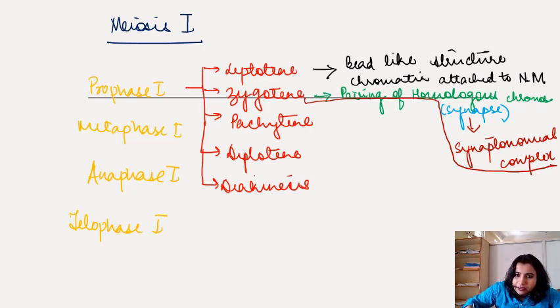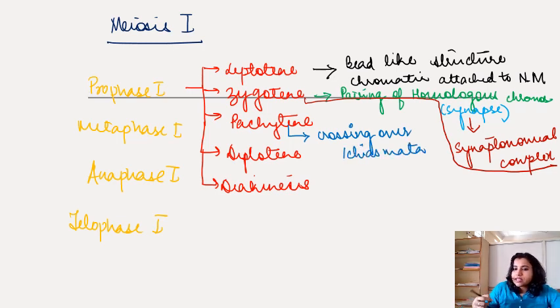Now what about pachytene? In pachytene, crossing over takes place. Or we can also say the chiasmata formation takes place in pachytene. And this crossing over, the point where the crossing over is taking place, we call the chiasmata, right?